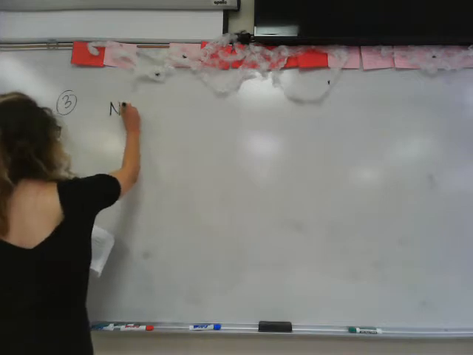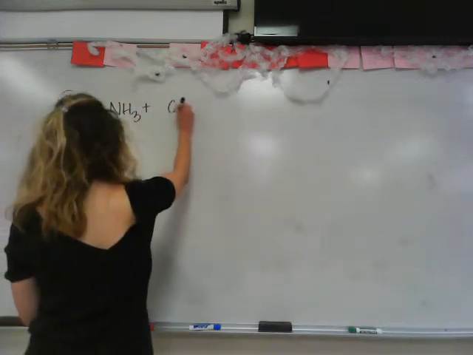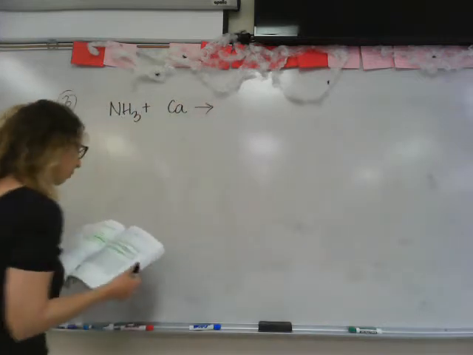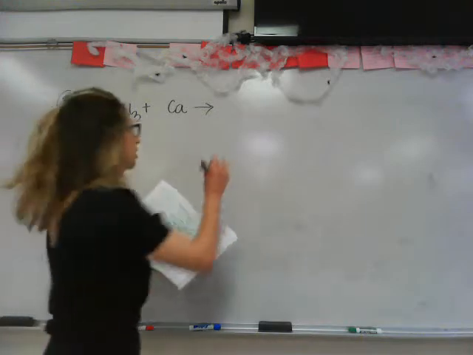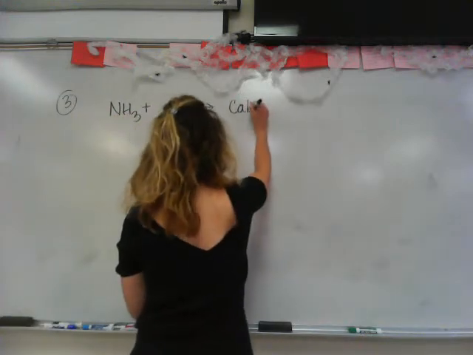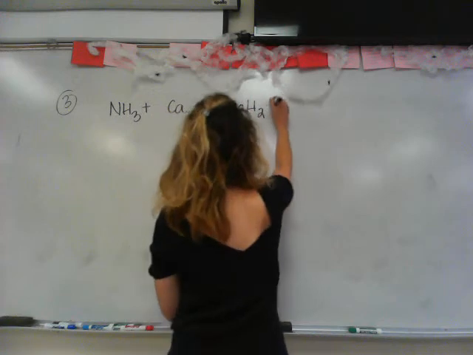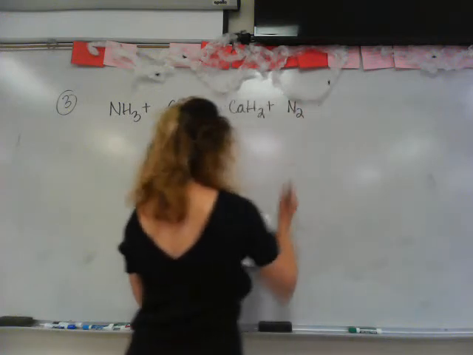So ammonia is NH3 and it's going over hot calcium. Calcium hydride, which is CaH2, is produced, and so is nitrogen gas.